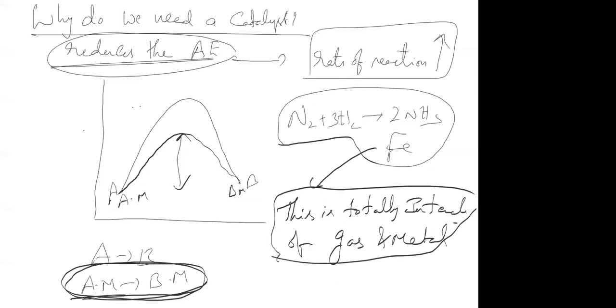You can't say why iron; Haber found iron as a catalyst by trying combinations of materials, and there are some chemistry theories, but that is how it was found. Every metal forms a complex, and that complex is the one participating in the reaction. So every reaction has its own catalyst. Steam reforming of methane has nickel as a catalyst; the ammonia reaction has iron. You can't say why nickel doesn't work here, or why iron doesn't work there.